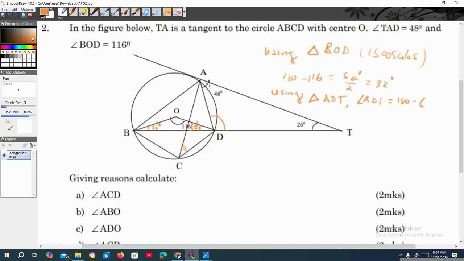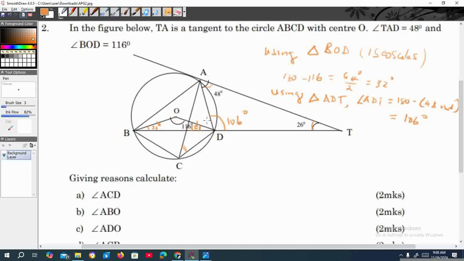Angle DAT is 48 and this is 26, so 180 minus 74 gives 106 degrees.